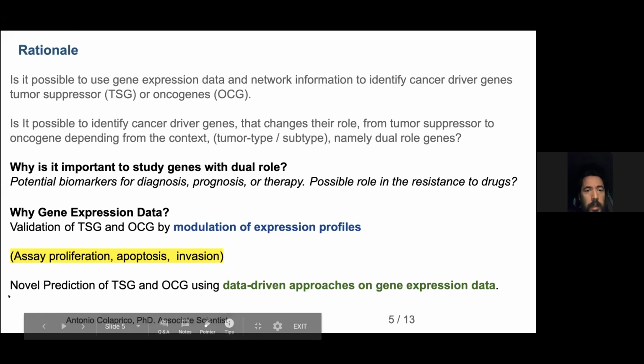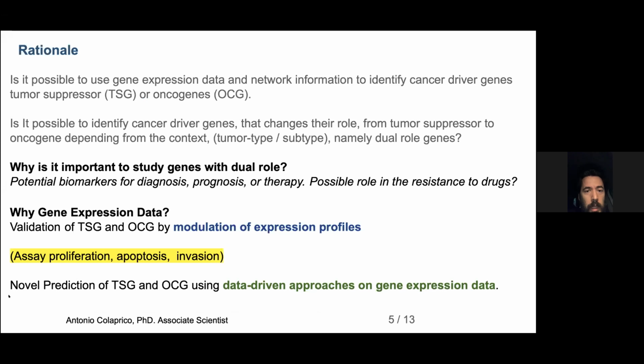So what's the rationale? We thought that we can use gene expression data and network information to identify cancer driver genes, namely tumor suppressors and oncogenes. Why gene expression data? Because the classical validation of tumor suppressors and oncogenes is performed by modulation of expression profiles, like assays of proliferation, apoptosis, and invasion of cells.